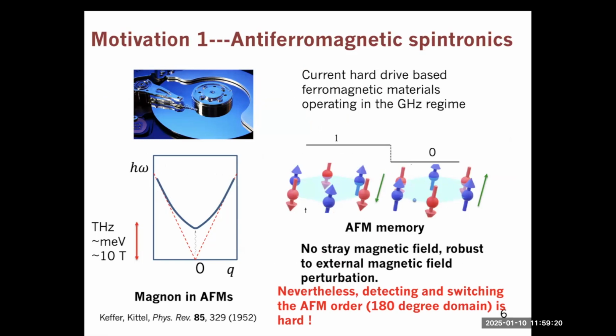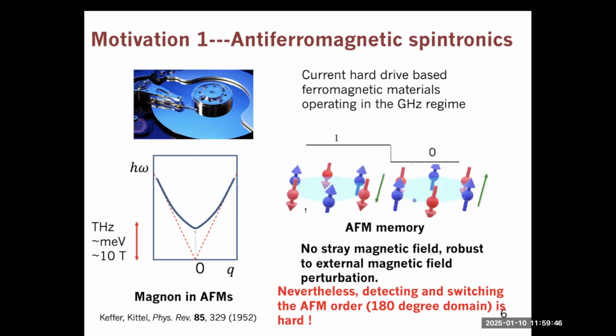The advantage of antiferromagnets, at least collinear antiferromagnets like those with Néel order, is that there's no stray field, so they are very stable to external magnetic fields. Also, the magnon frequency in antiferromagnets is usually in the terahertz regime due to the large anisotropy and large exchange field.